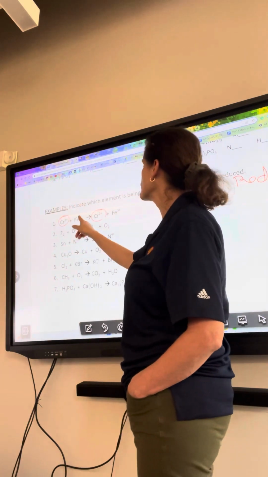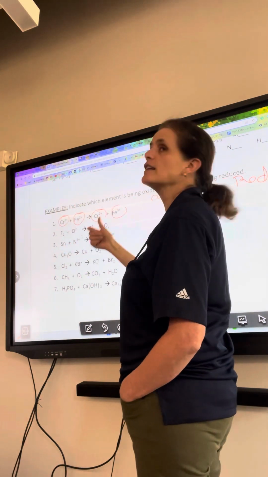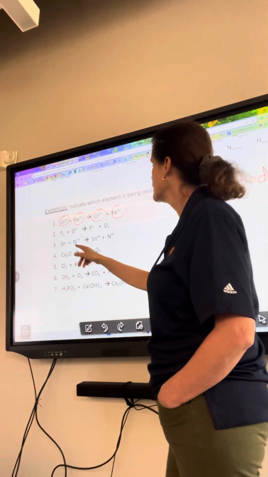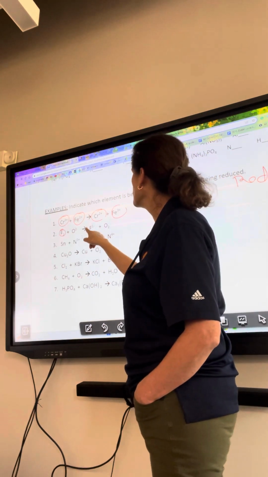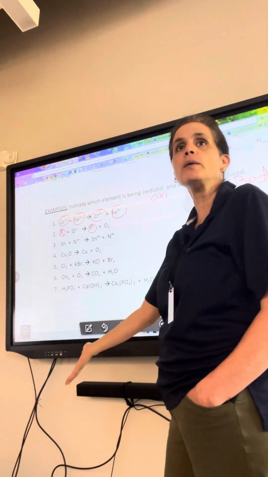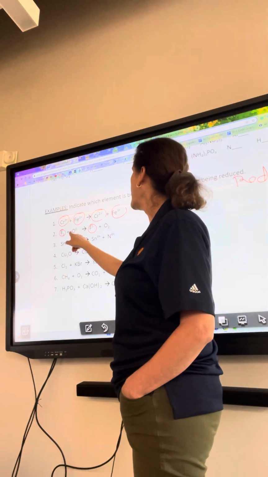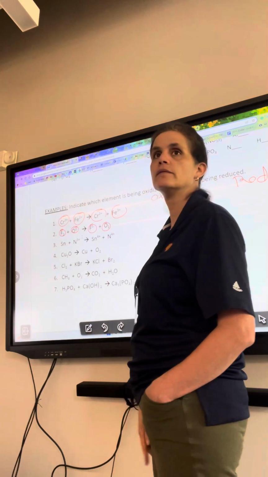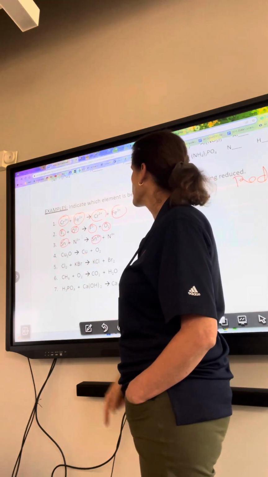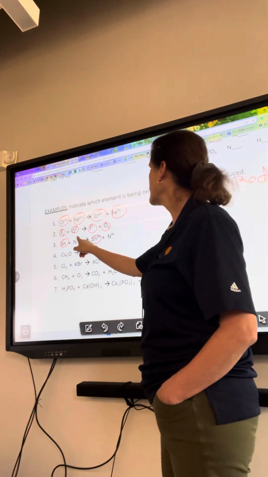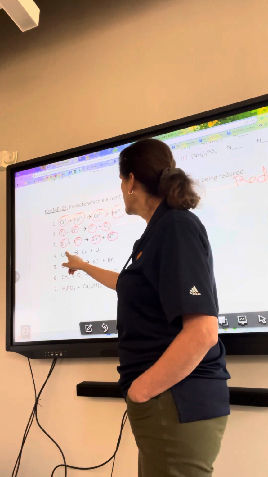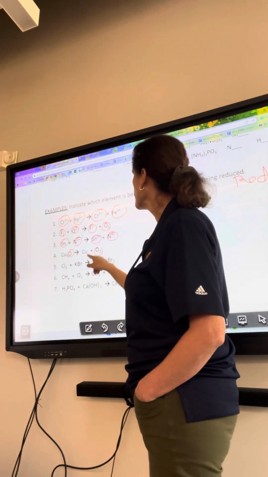So that's reduced. The +2 to +3 is increasing, right? So that is oxidized. 0 to minus, reduced, going smaller, right? Minus to 0, oxidized. 0 to +4. +5 to +4. Minus 2 to 0.